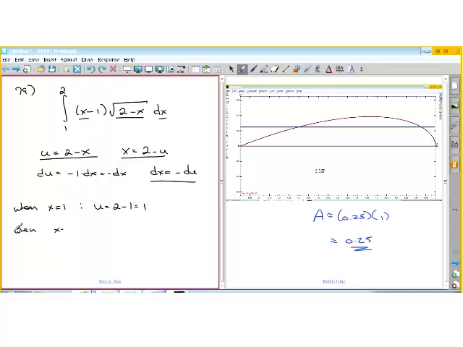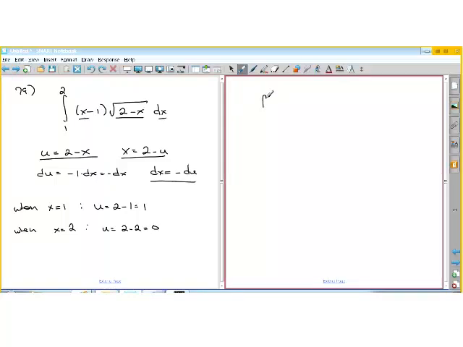And when x is equal to 2, u is equal to 2 minus 2, which is 0. So our limits are actually going to flip. Our lower limit is 1, because that corresponds with x equals 1, but our upper limit is 0. That's okay. It's no big deal.